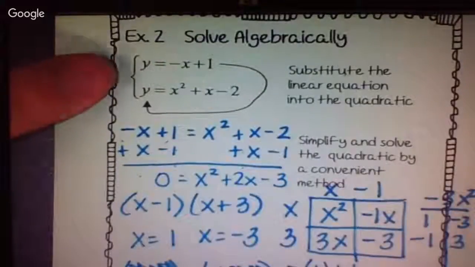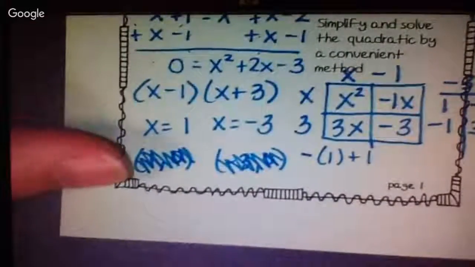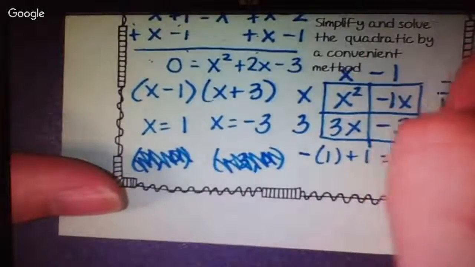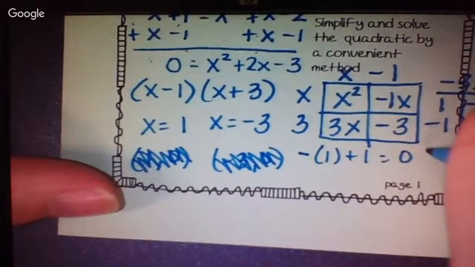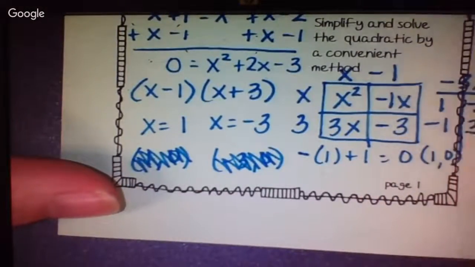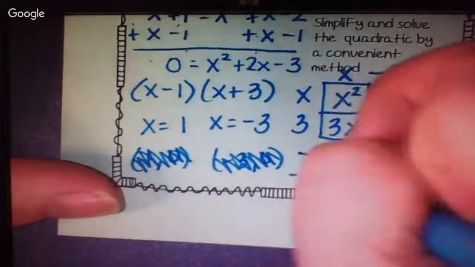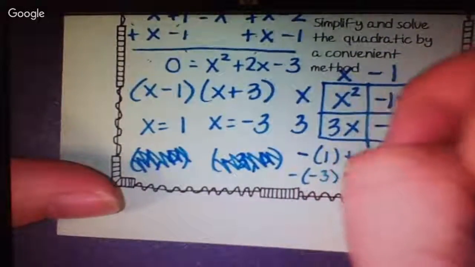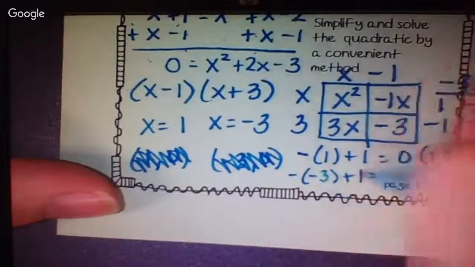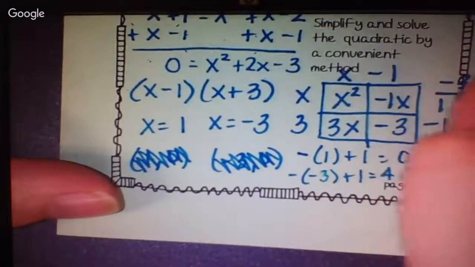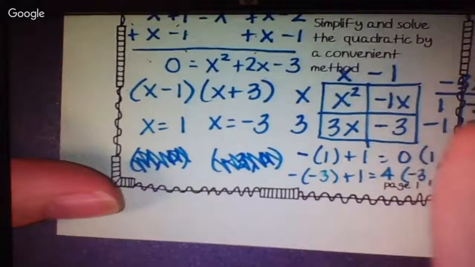Plugging in 1 gives me 0, so this one is at 1, 0. But when I plug in -3, that's +3 plus 1, which is 4. So it also crosses at -3, 4.